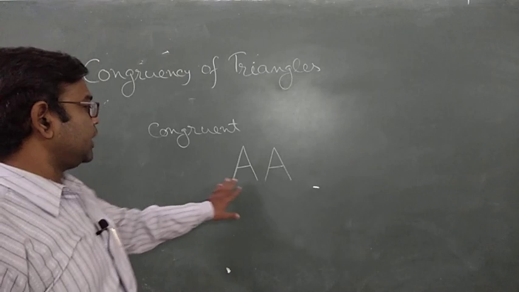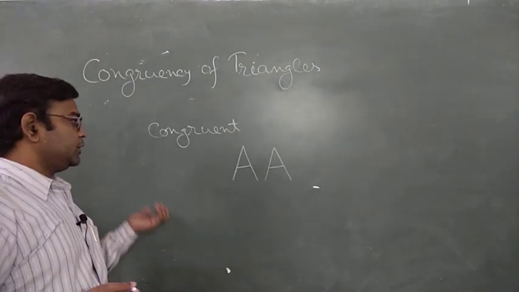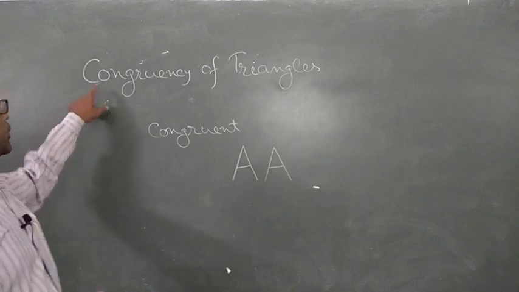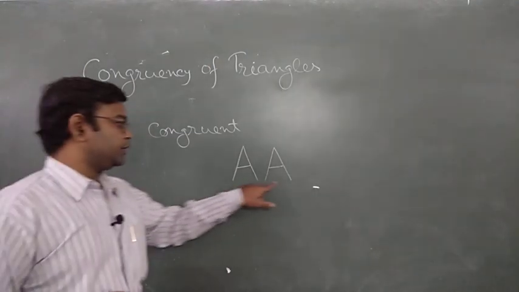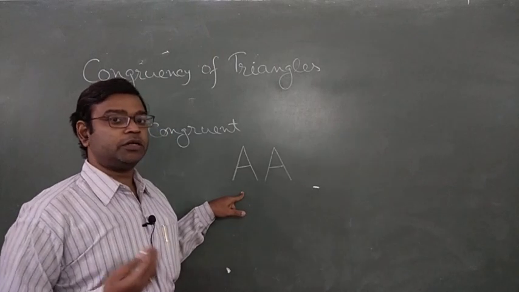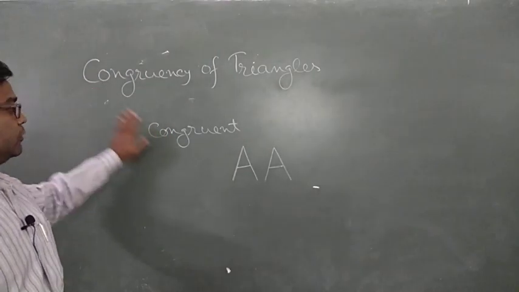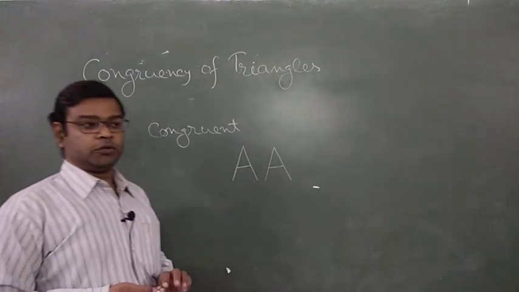So it looks like they are identical. This property is known as congruency, and these two figures are known as congruent to each other. So this word congruency comes from the word congruent.